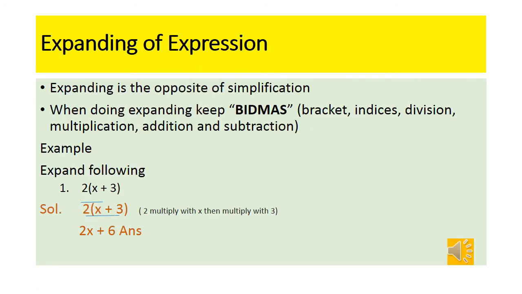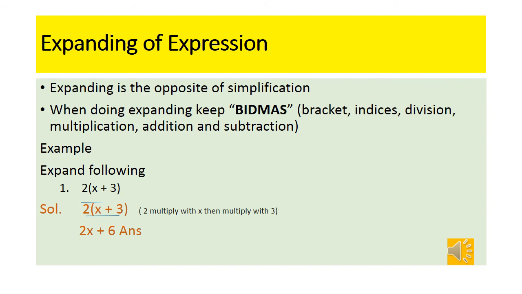Expanding of expressions and equations. Expanding is the opposite of simplification. When expanding, keep BODMAS in mind: bracket, indices, division, multiplication, addition and subtraction. Example of expanding. Expand the following. Number 1, 2 in bracket x plus 3. Solution: here 2 is multiplied by x and then by 3.